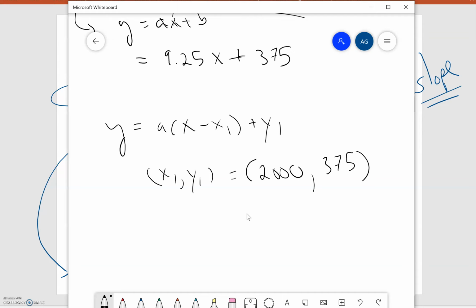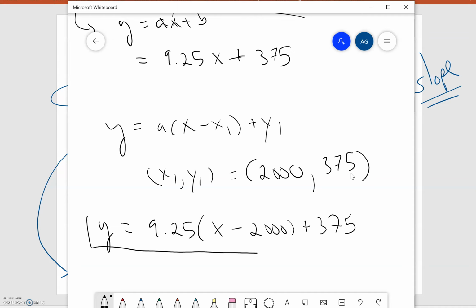So it's actually the calendar year 2000 is x1, and y1 is the initial population. And our slope is still 9.25, but our model is now going to be 9.25 times x minus 2000 plus 375. And so that is the calendar year model.